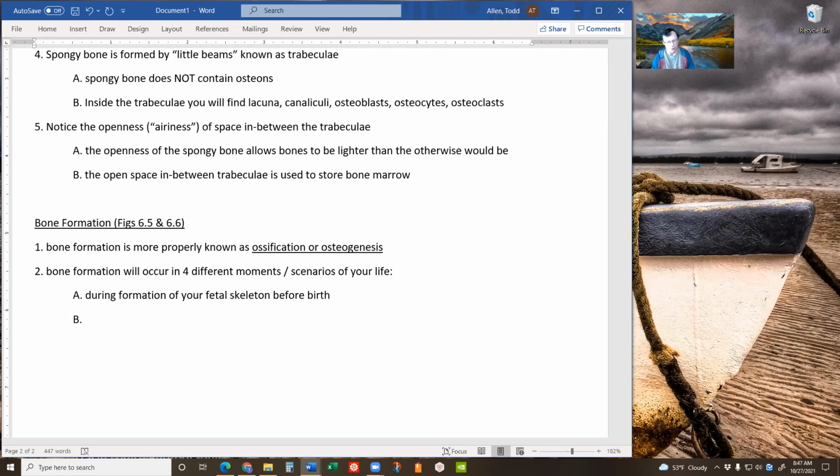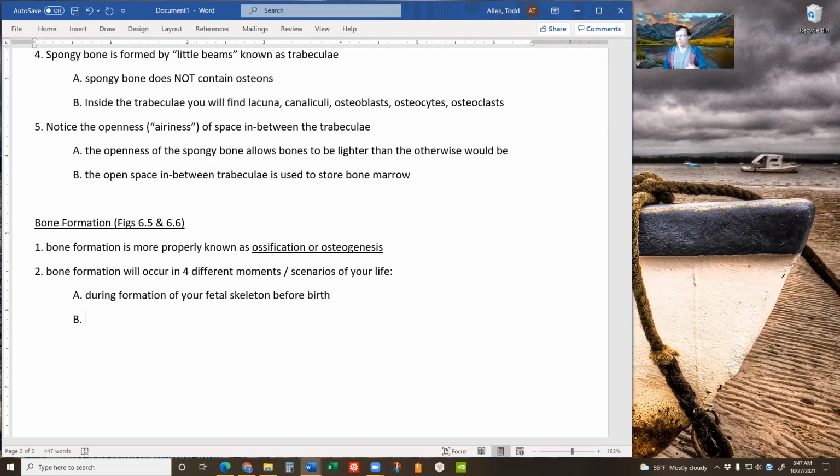A second area where you're going to have significant bone formation is during the growth of your skeleton, from when you're an infant to when you become a child, to when you become an adolescent, and finally a mature adult, right? During these stages of development that we've all been through, because we've all reached physical adulthood.